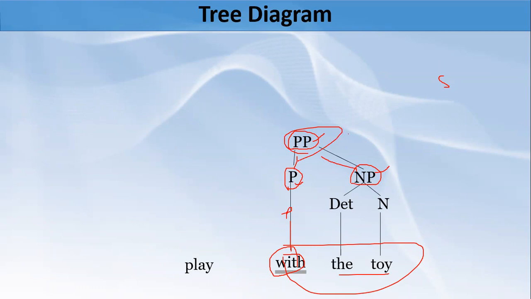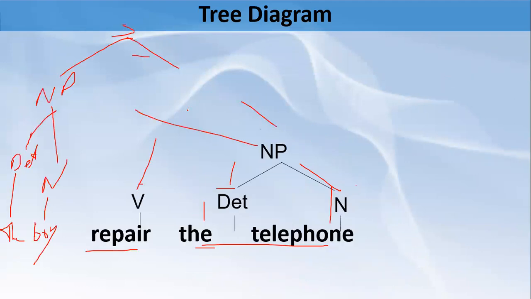Now, play with the toy. Play is a verb, and with the toy is a prepositional phrase. So a prepositional phrase and a verb may formulate a verb phrase. Here is one addition, something new and different from the previous one.